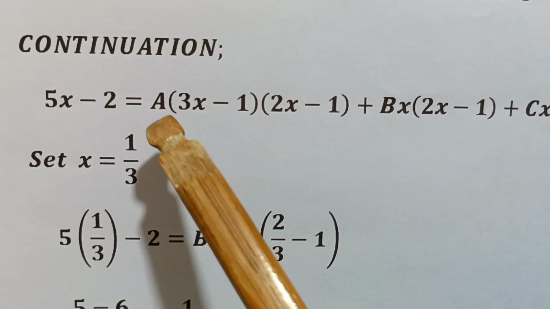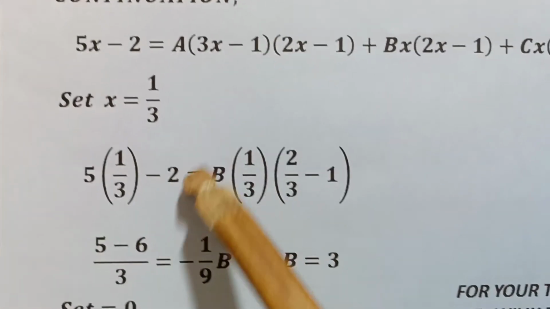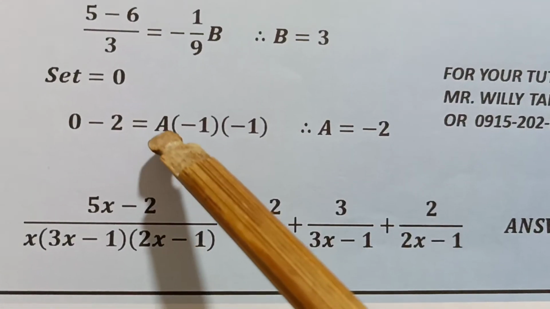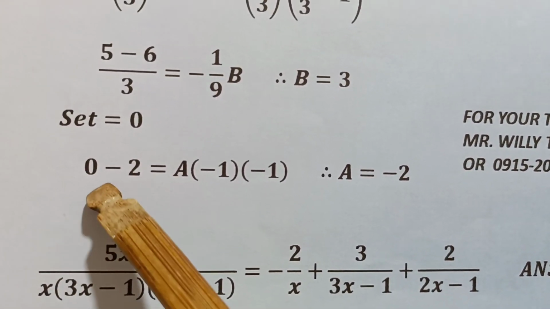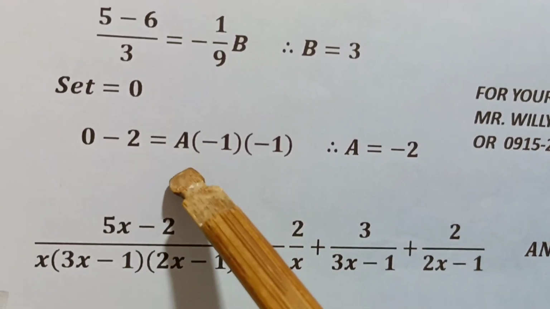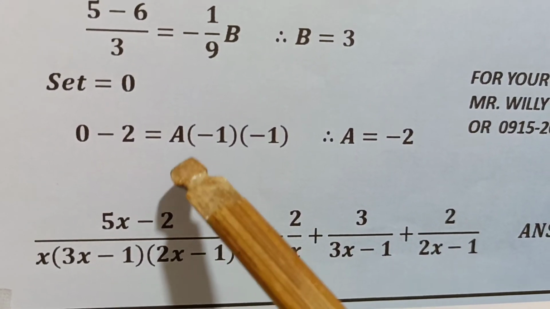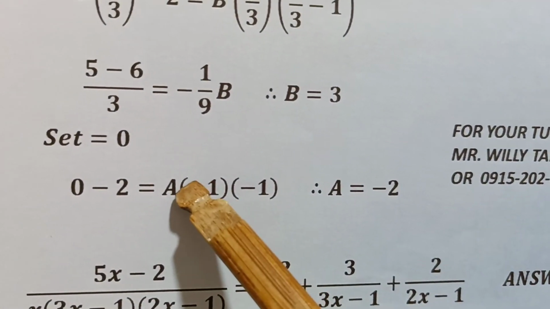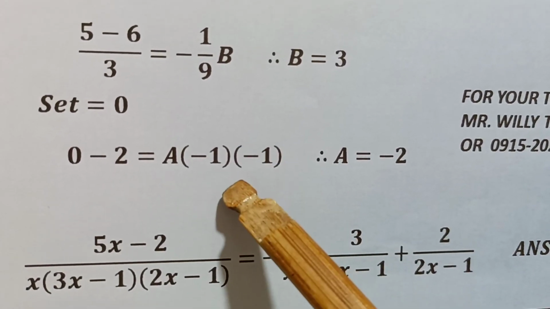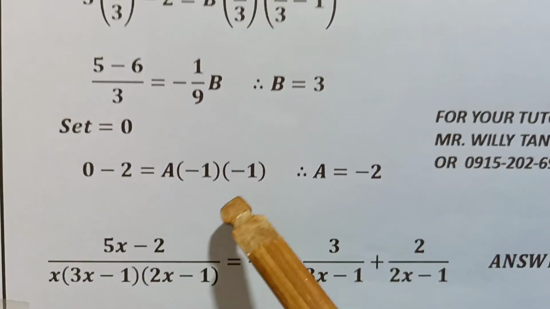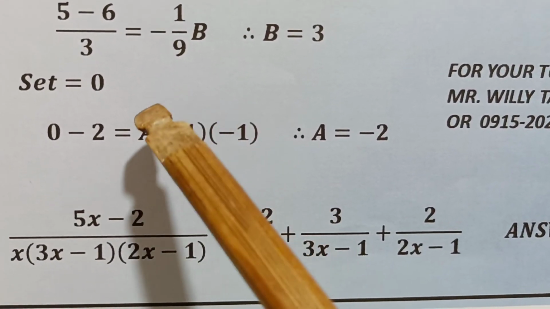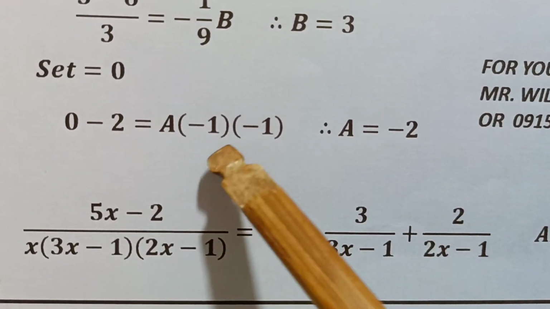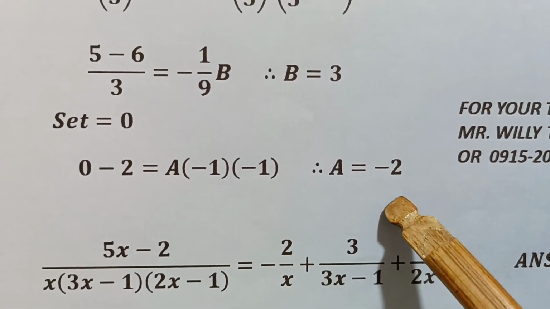So we set x equal to 0. So 5 times 0 is 0, minus 2 is equal to a, since x is equal to 0, negative 1. And 2 times 0 is 0, minus 1, so negative negative is positive. So a will become negative 2.